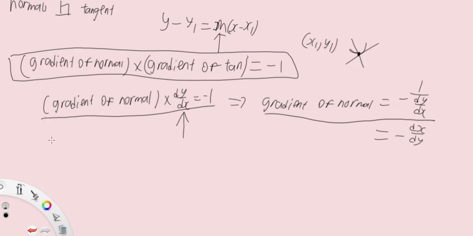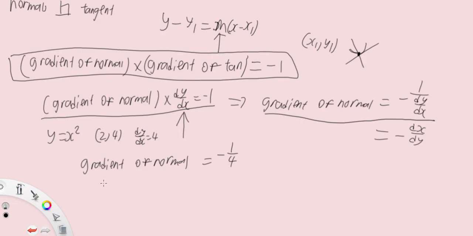Using the first example on tangents, we have y equals x squared. We know that at x equals 2 the point is (2, 4). We know that the gradient equals 4. If you don't know, you can just work it out, alright? Because the gradient of the tangent is 4, the gradient of the normal equals simply minus 1 over 4.